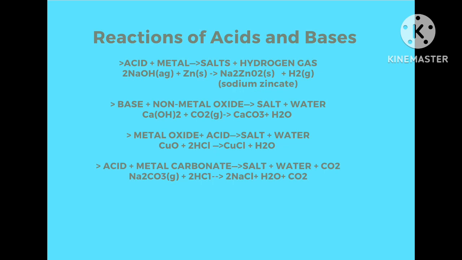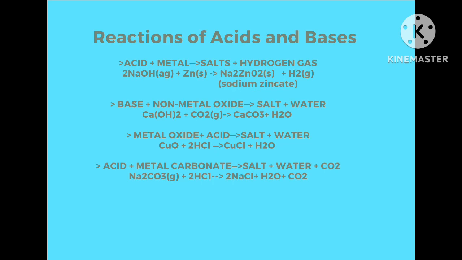released. The second reaction is when bases react with non-metal oxides, salt and water is formed. For example, calcium hydroxide reacts with carbon dioxide to form calcium carbonate and water is released. The third reaction is when metal oxides react with acids to form salt and water.